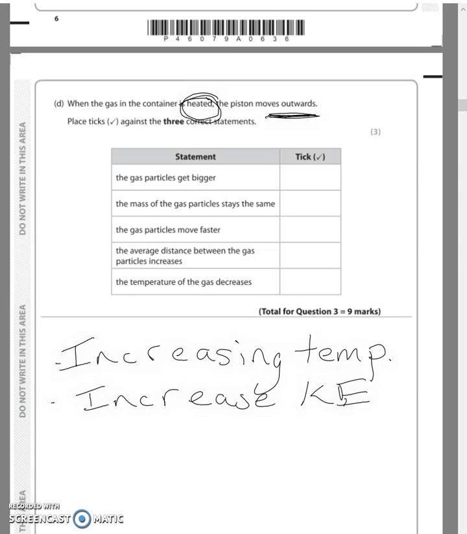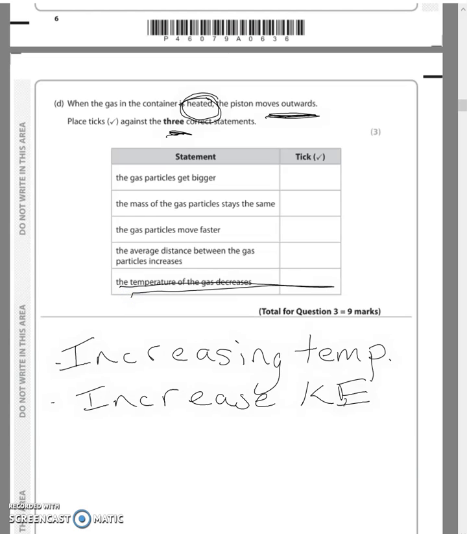So looking at your box, hopefully there's a couple in there that just are obviously wrong. So they've been very nice and they told you that there's 3 correct in there. So if you look at it, which one is obviously wrong? So we've already said when it gets heated, we're going to have an increasing temperature. So it's definitely not going to be that one.